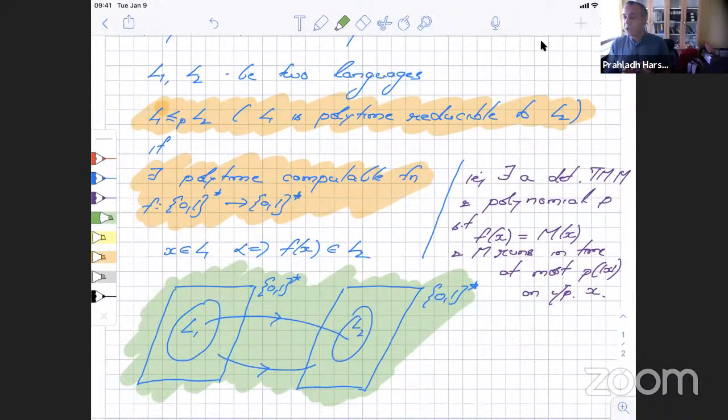Whereas in subroutine reductions, you could take the answer for L2, massage the answer, and then find out what the answer for L1 is. Here, no, because a Karp reduction is a very specific reduction. You first run the reduction f.